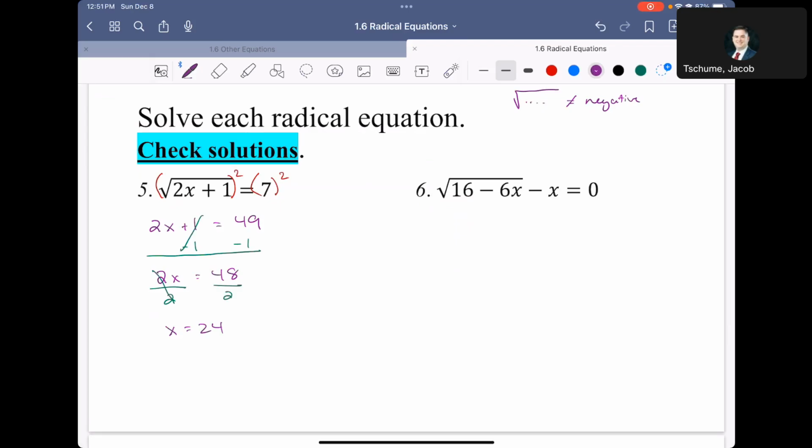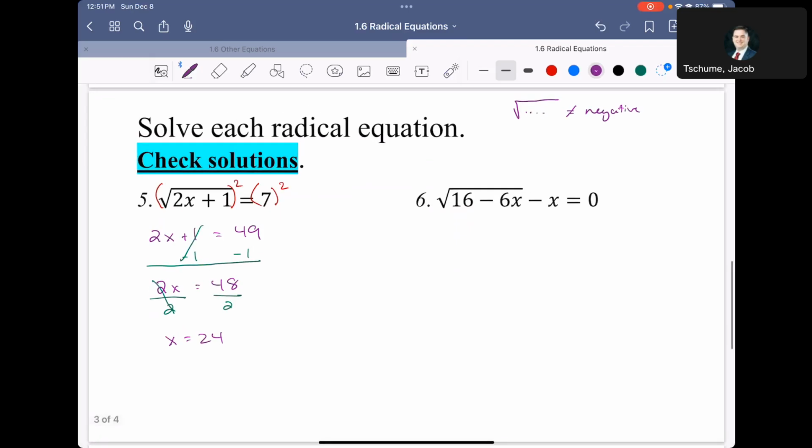48 divided by 2 gives me an answer of 24. Now, like I mentioned earlier, you want to make sure before you type in your answers to any of your assignments that you check that this answer makes sense. What I typically will tell you in the next 2 or 3 problems is you want to make sure that if you plug your answer in, it does not give you a negative number on the right-hand side.